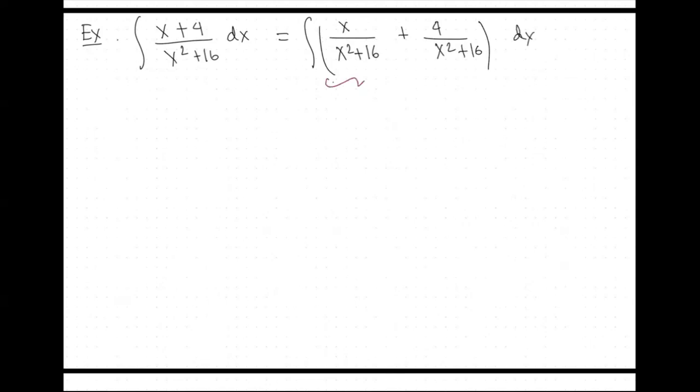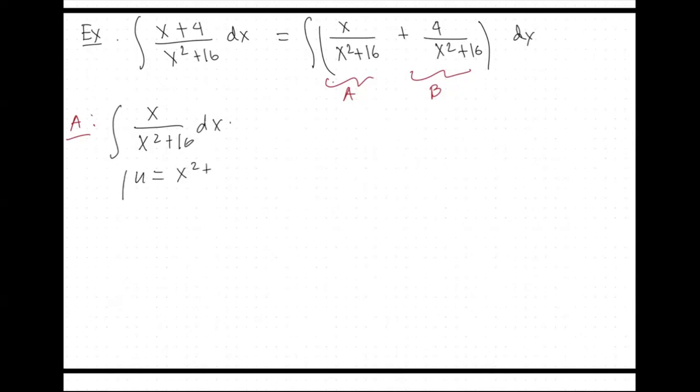We will let this be your a, let this be your b, and then you solve for the integral in a. For a, the integral of x over x squared plus 16 dx. Here, our substitution is the following. Of course, you divide by 2, you divide by 2.